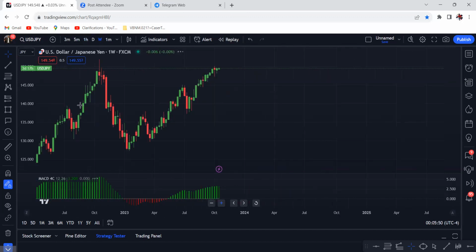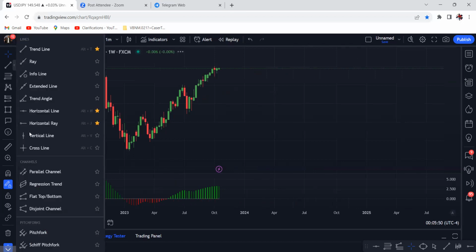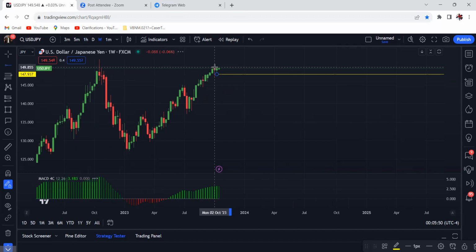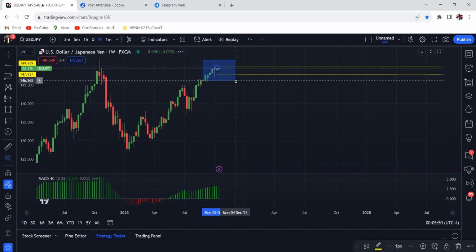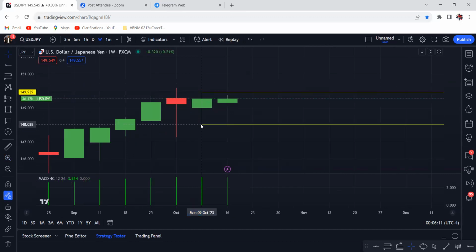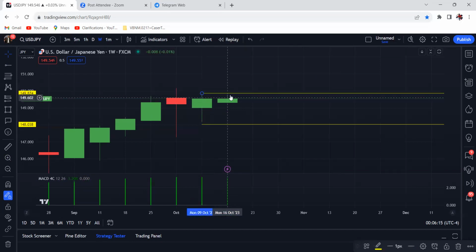So take last week's weekly high and low. Let's zoom in here. Last week's high and low. Perfect. As you can see, price is basically right near there.